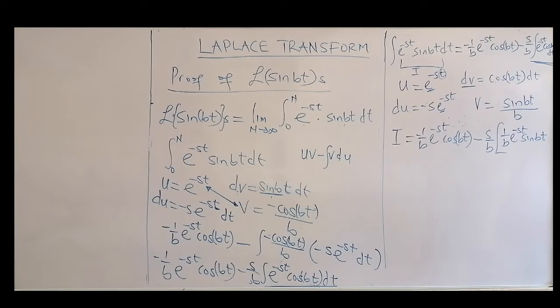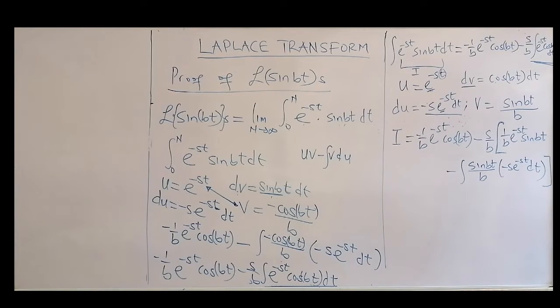Then minus the integral of v, which is sine bt over b, times du. My du is this, which is minus s e to the minus st dt. So I can close this bracket here.